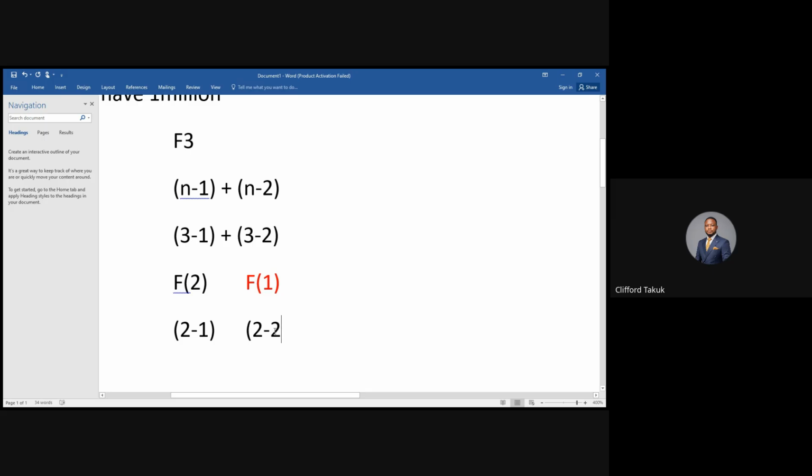Good. So now let's compute this one. 2 minus 1 will give us 1, which will give us Fibonacci of 1. So F brackets open 1. Plus, 2 minus 2 will give us 0, so we'll have plus Fibonacci of 0.